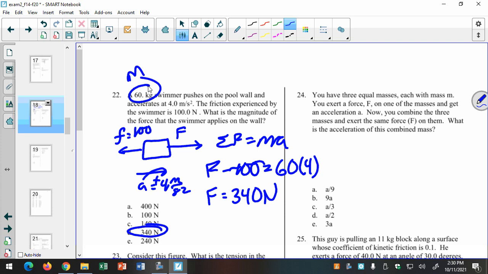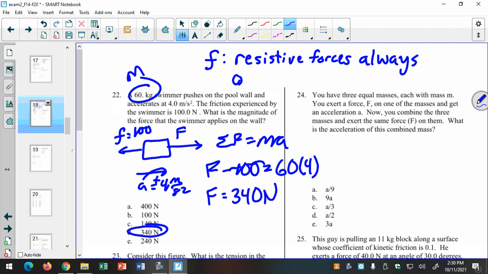Okay. So in this case, let me state this. Friction, our resistive force, we saw it today with the rocket. A resistive force, like friction, always opposes the direction of motion. We'll see that on Wednesday.